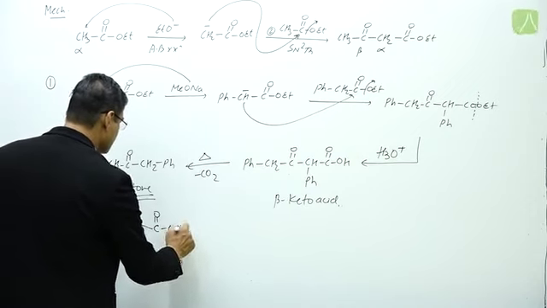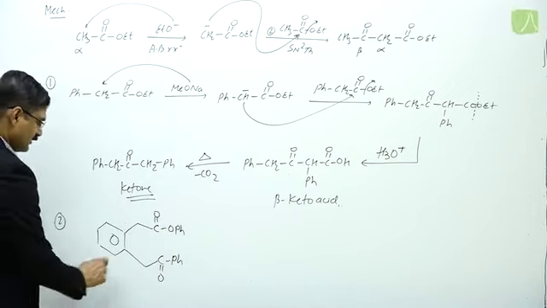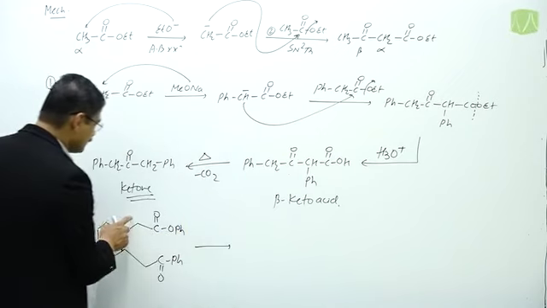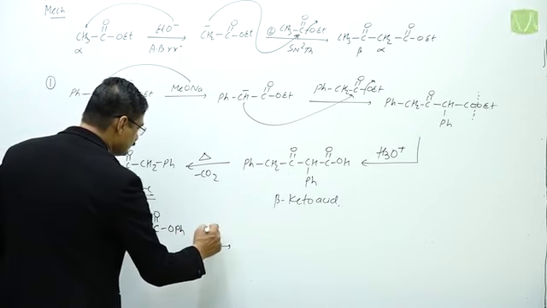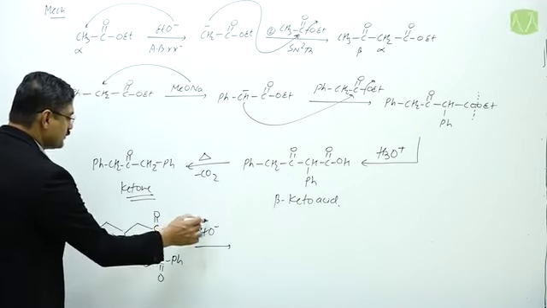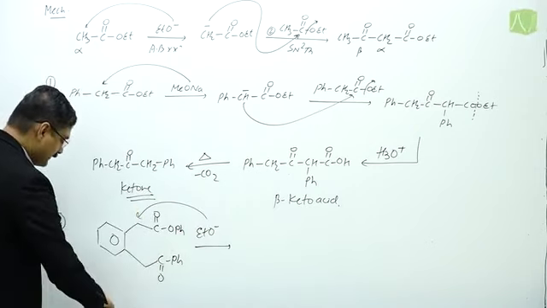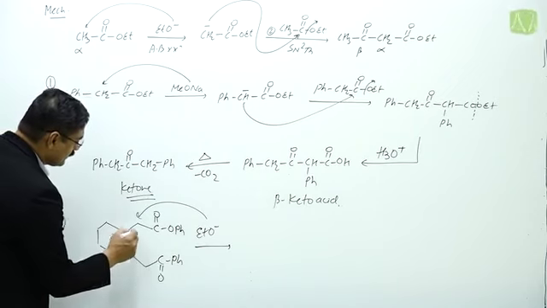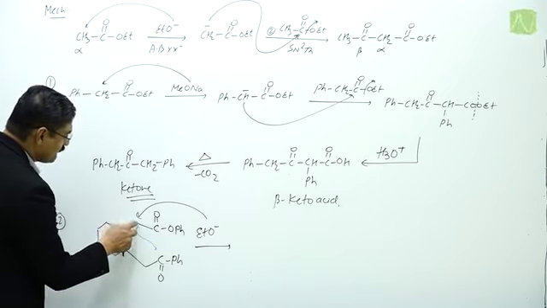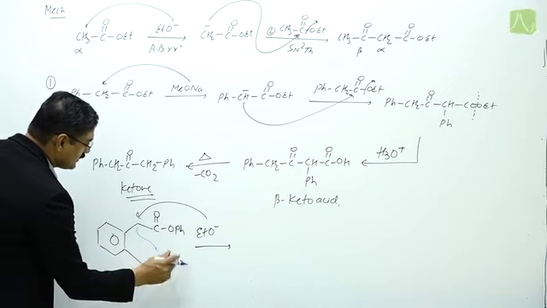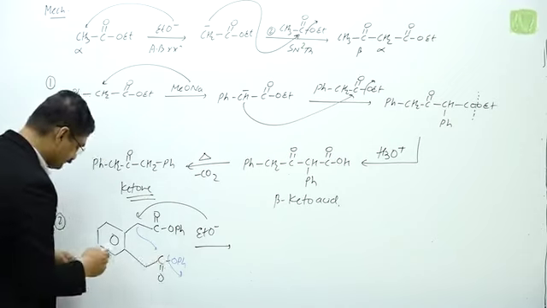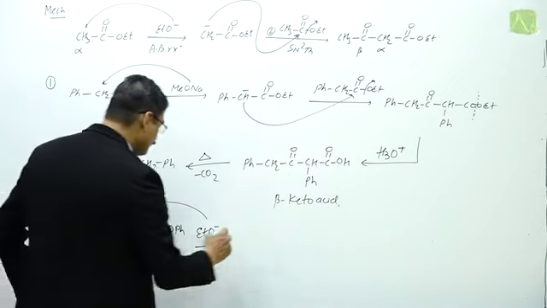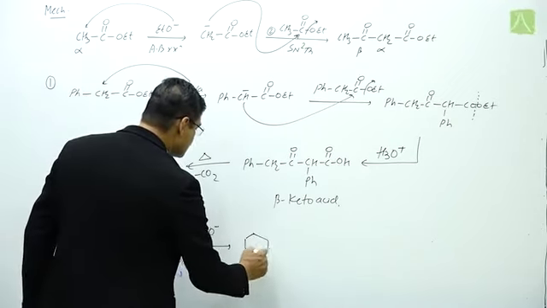Now, in the next question, suppose I take the ester like this. This is a diester, and both alpha hydrogens are same. So, in basic medium, suppose this alpha H is removed, then the 5-member ring is formed, 1, 2, 3, 4, 5, and OPh is removed as a leaving group. So, cyclization takes place.